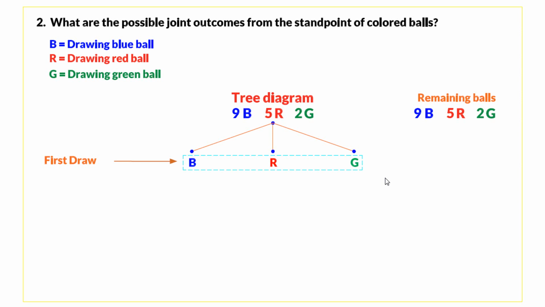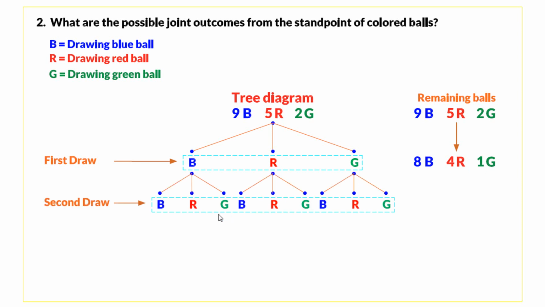The remaining balls after the first draw will be 8 blue, 4 red, and 1 green. Now for the second draw, again we may get blue, red, or green, and the remaining balls would be 7 blue, 3 red, and no green.